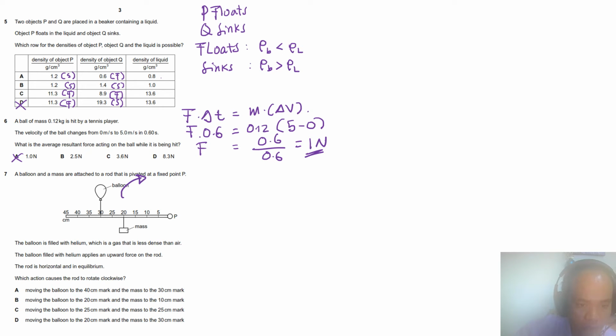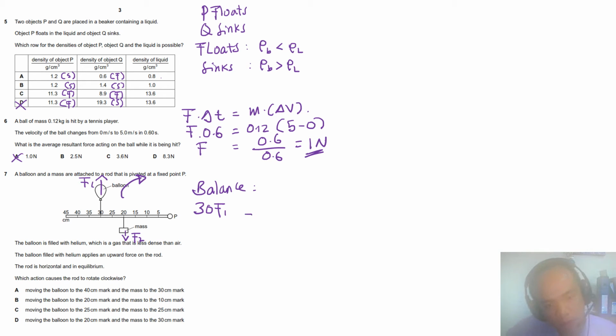So the first situation is this one. Balancing happens when 30 F1, the upward force, is equal to 20 F2, the downward force.